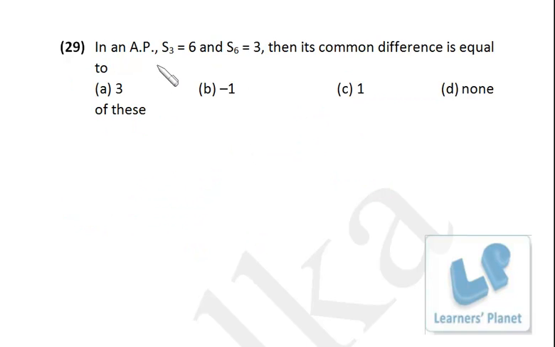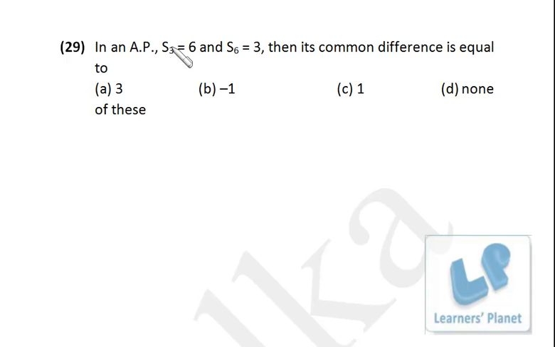Now in an AP, S3 is equal to 6 and S6 is equal to 3, then its common difference is equal to? We have done one problem that the pth term is q and the qth term is p. In that case we got the common difference as minus 1. So it is a similar problem over here. The sum till the third term is 6 and the sum till the sixth term is 3.